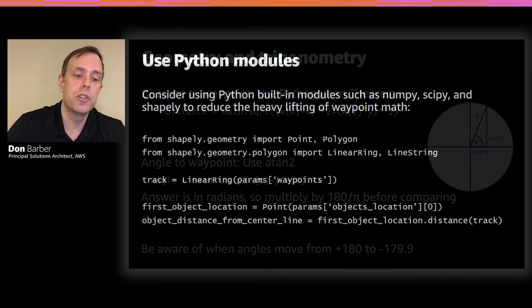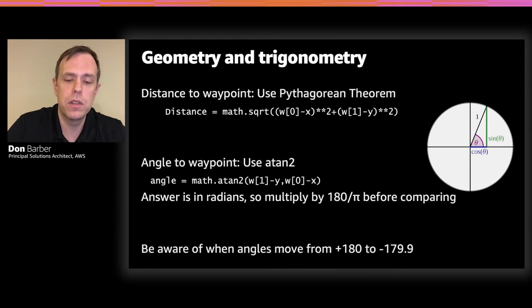And speaking of geometry and trigonometry, it's pretty common that developers want to implement rewards based upon distance and angle to waypoints. So here's just a basic reference to that high school math. If you want the distance between a car and a waypoint, use Pythagoras' theorem, which you can see here. But if you want the angle between a car and a waypoint, use arctan.